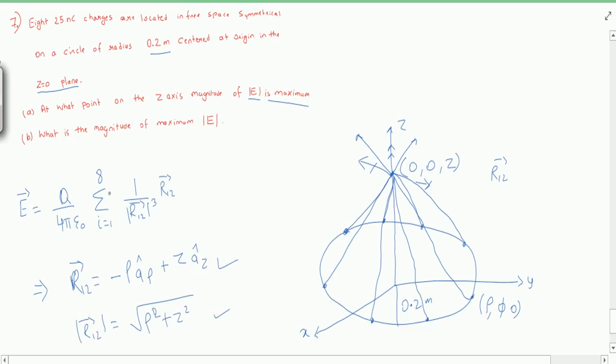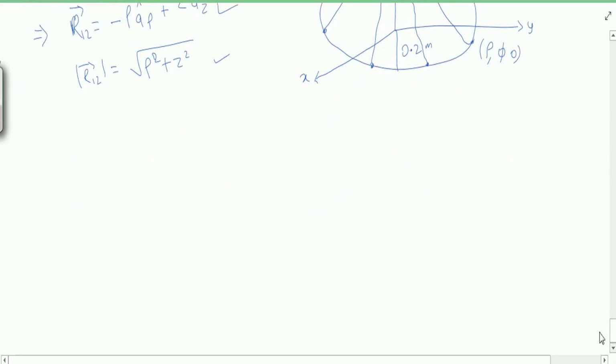So we can directly multiply this by 8, like q by 4 pi epsilon naught divided by 1 by r12 cube into r12, and multiply this by 8 because they are symmetrical. So I can write E equals 8 times q by 4 pi epsilon naught into r12 magnitude cube.